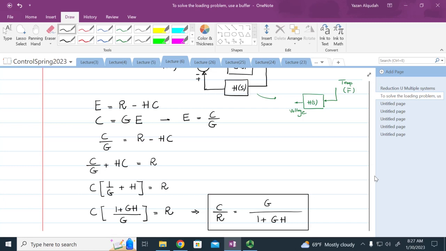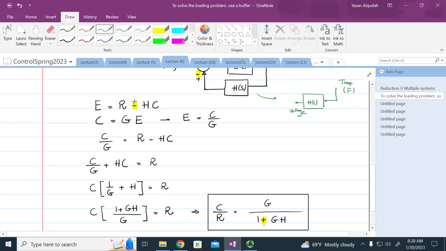And keep in mind, if I have a negative sign here, which I had here, so the error is R minus H multiplied by C. What is the sign here? A positive sign. So if it is negative there, it's going to be a positive here. If this was plus, what is it going to be here?